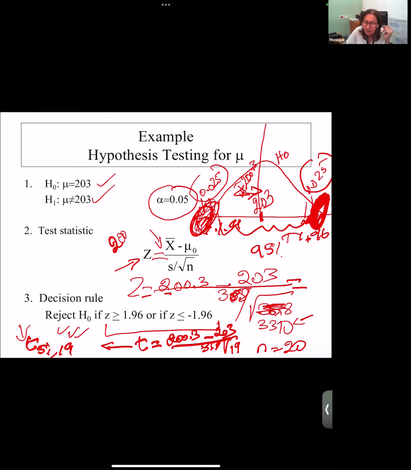Remember, your population should be normal if n is less than 30. If n is greater than 30, you use the Z. Irrespective, pay attention when you are given an exercise, whether n is less than or greater than 30, to do your test statistic based on Z or t. The only thing that will differ is the critical value. Here for Z, I put 1.96. If I had n of 19, the plus or minus 1.96 would have been different, and I would extract it from the t table.